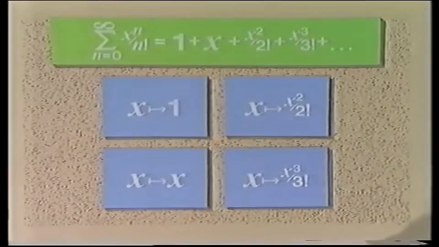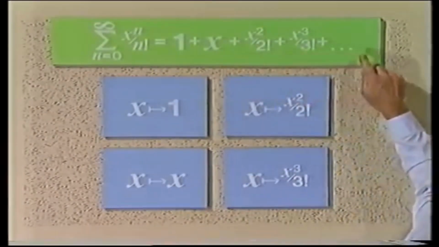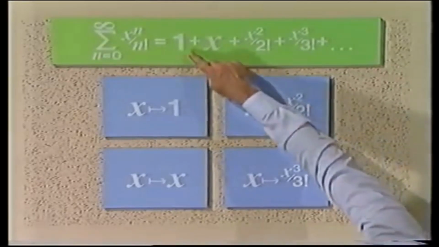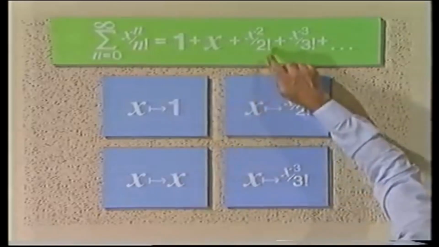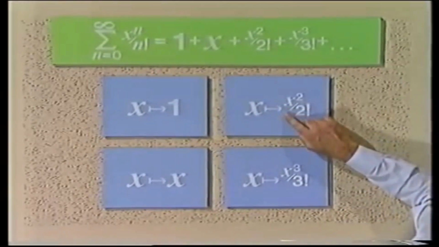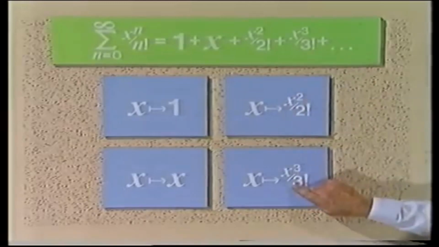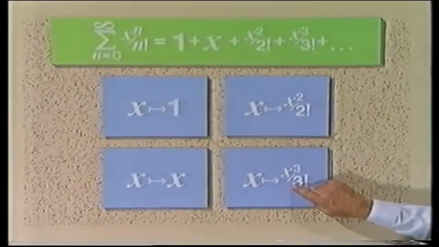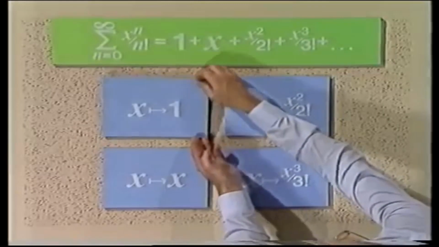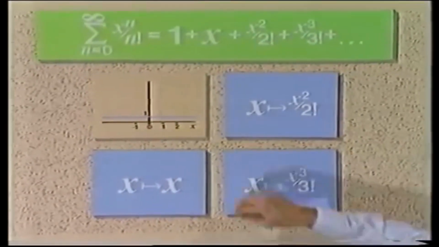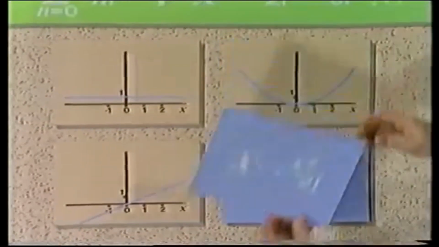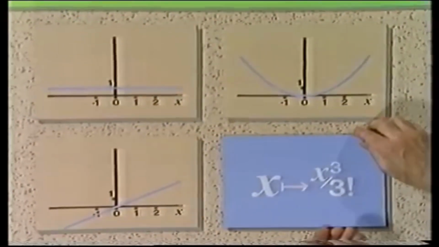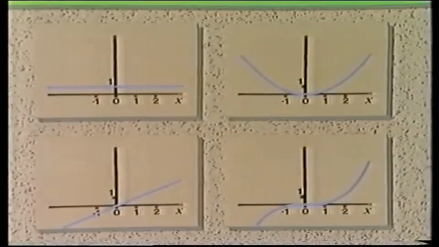The first four individual terms of this sum of functions are x maps to 1, x maps to x, x maps to x squared over 2 factorial, and x maps to x cubed over 3 factorial. This is the graph of x maps to 1, this is x maps to x, this is x maps to x squared over 2 factorial, and this is x maps to x cubed over 3 factorial.